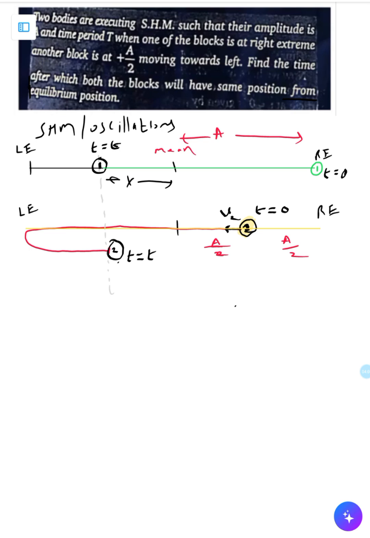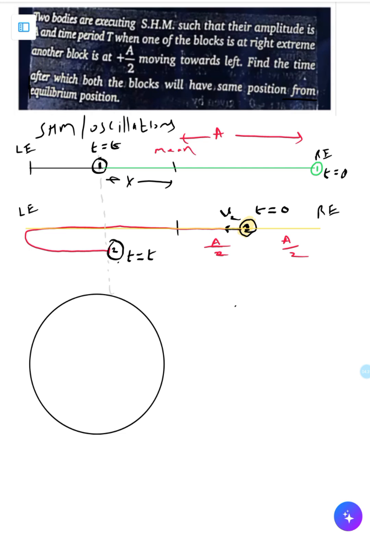How to solve all such problems? We have to solve all these things by using the phase angle, by using a circle. So let me draw the circle. I'll draw a better one. This is a circle.